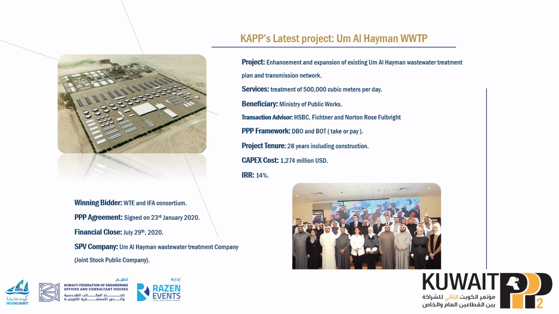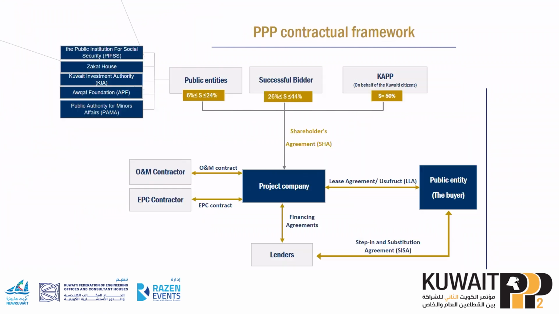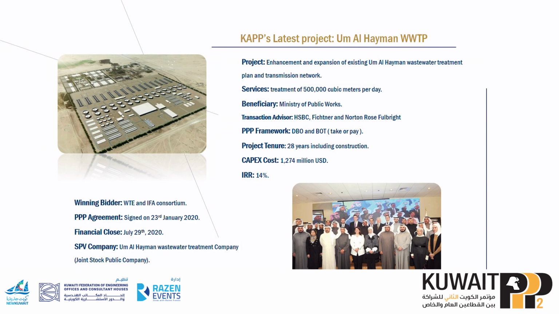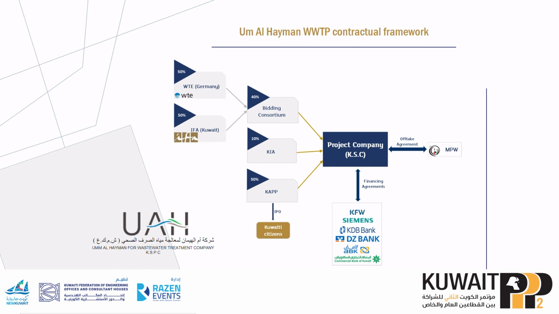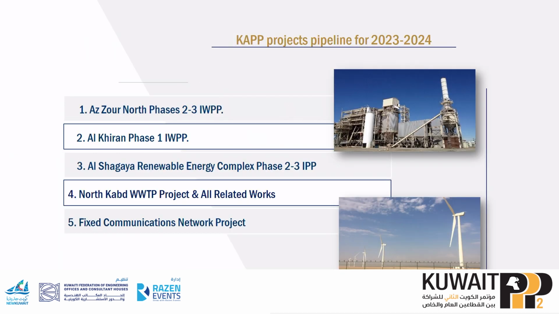The winning bidder was a consortium of WTE, which is a German company, and IFA, which is a Kuwaiti company. This is the contractual framework. The winning bidder had 40% of the shares, while Kuwait Investment Authority took 10%, and of course the fixed percentage is 50% for Kuwaiti citizens.